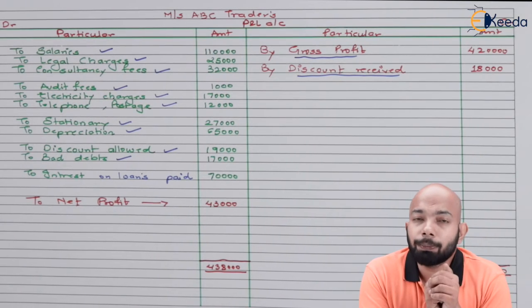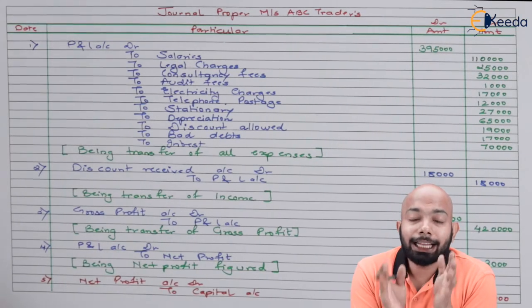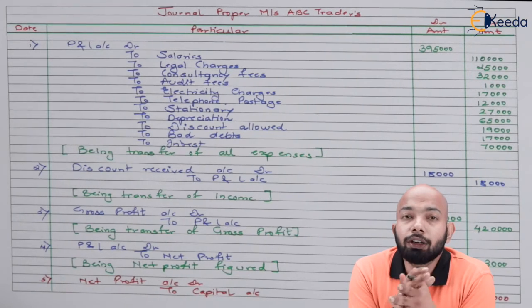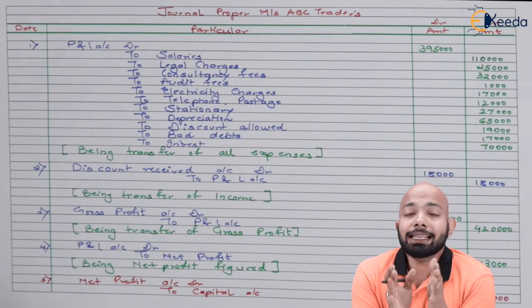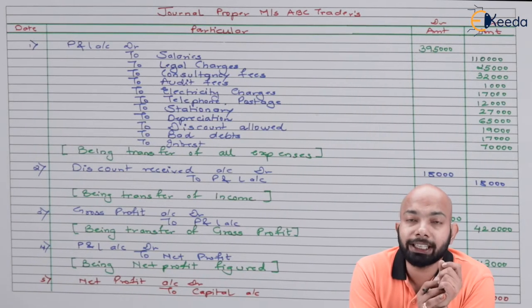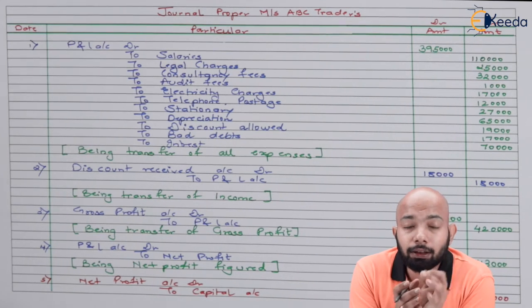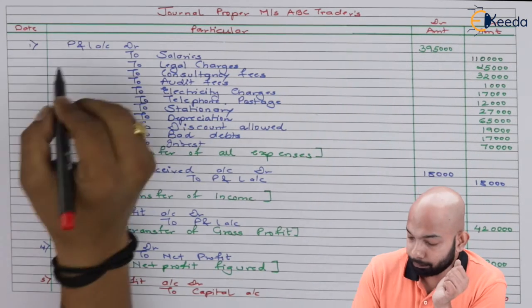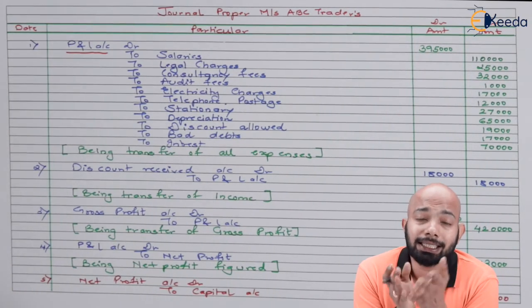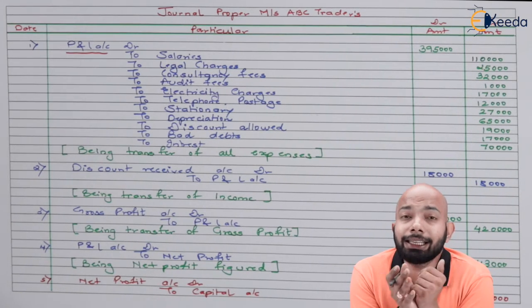So let's start with the preparation of journal proper on this illustration. We have mentioned all the entries that we have passed in that specific profit and loss account itself. The first one refers to all the expenses, as all the expenses are being debited to profit and loss account. Hence profit and loss account will be debited and all the expenses will be credited in terms of the journal entries, like the first entry that we have passed here, whereby profit and loss account has been debited and expenses like salary, consultancy fees, legal charges, etc., have been credited here.